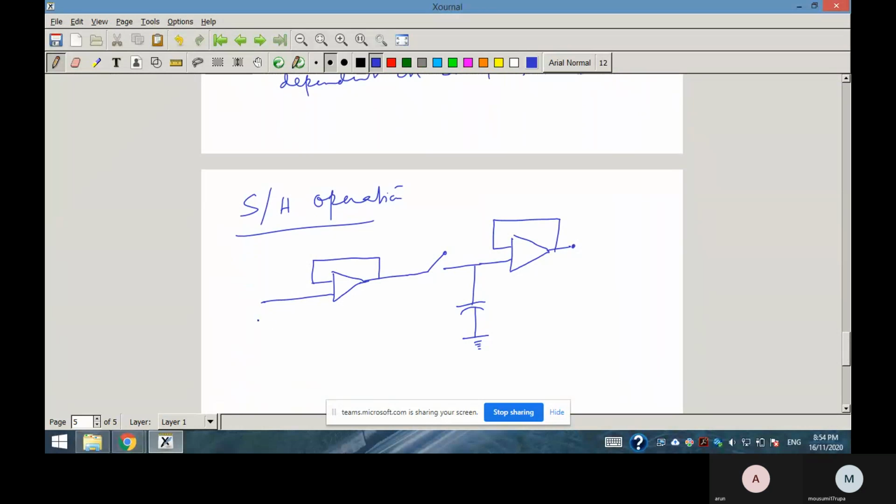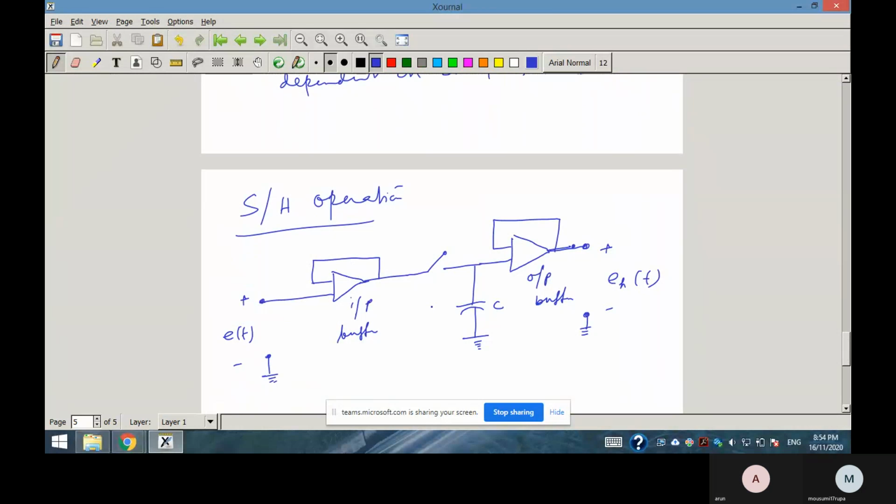Suppose your input buffer, this capacitor, and this is your output buffer. So this is your, suppose EHT, the hold output, and this is your input voltage.